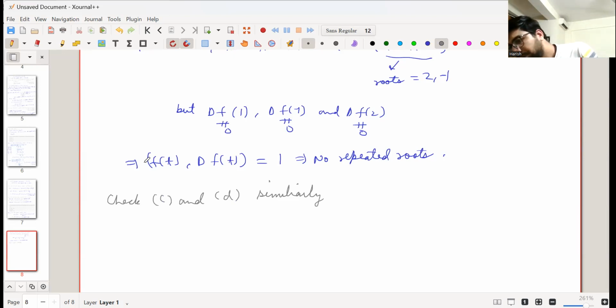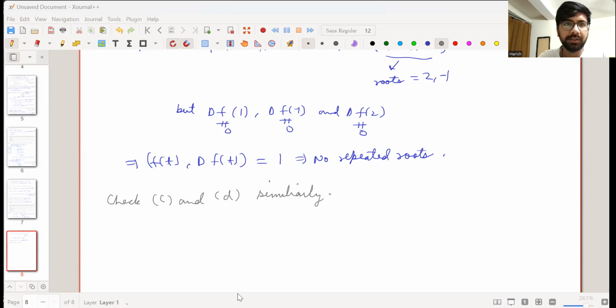I hope you can do this, because you can use the same trick. In the other two, there will be a common factor, right? You will find a common root. So it's better that we do something else, right? We are just doing the same question again and again.